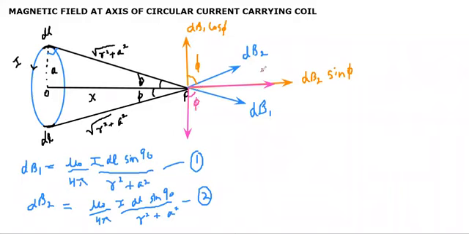So this would be dB1 sin phi, and this would be dB1 cos phi.